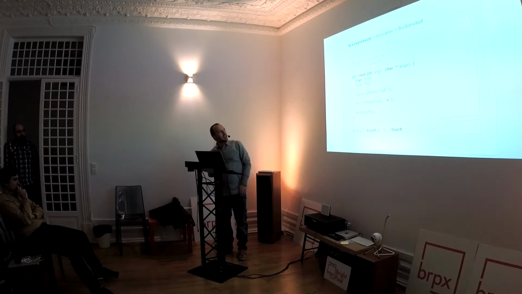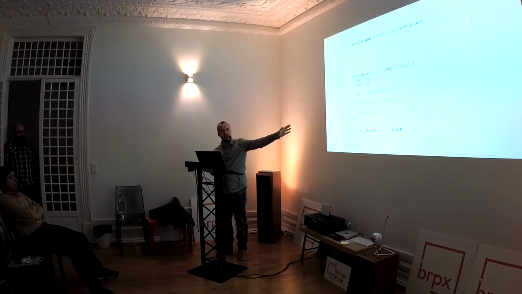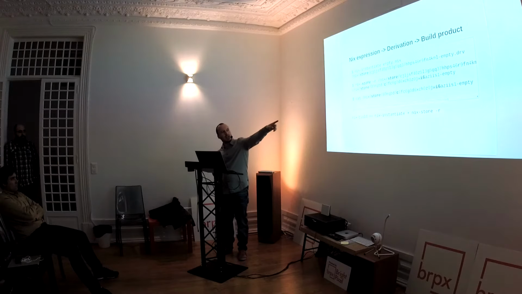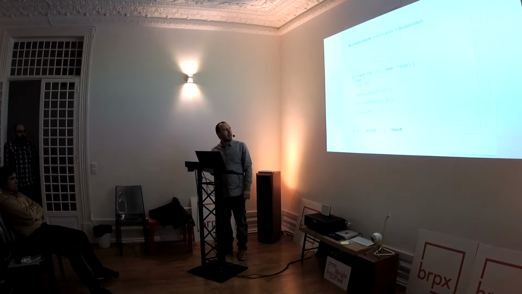What it does is take this out environment variable and create it, and that's it. That's the only requirement in Nix: to create this out directory, and this out directory is actually this path. So the builder itself has to create this folder. That's the only requirement. That's how we create this touch executable.